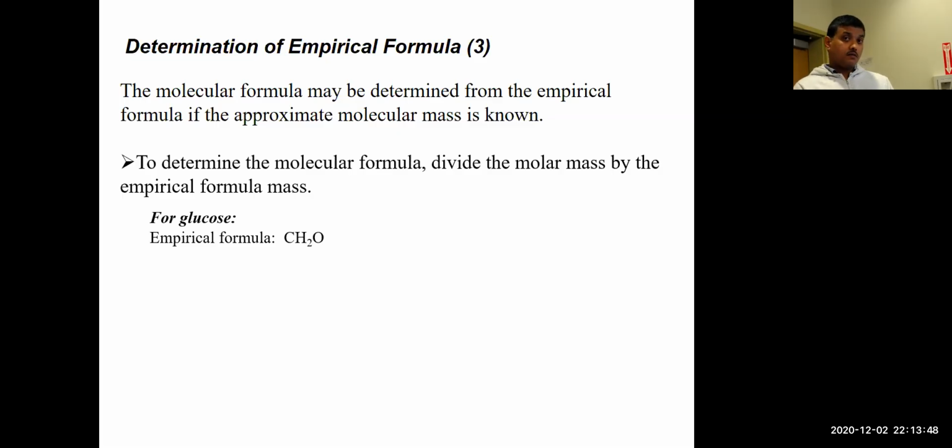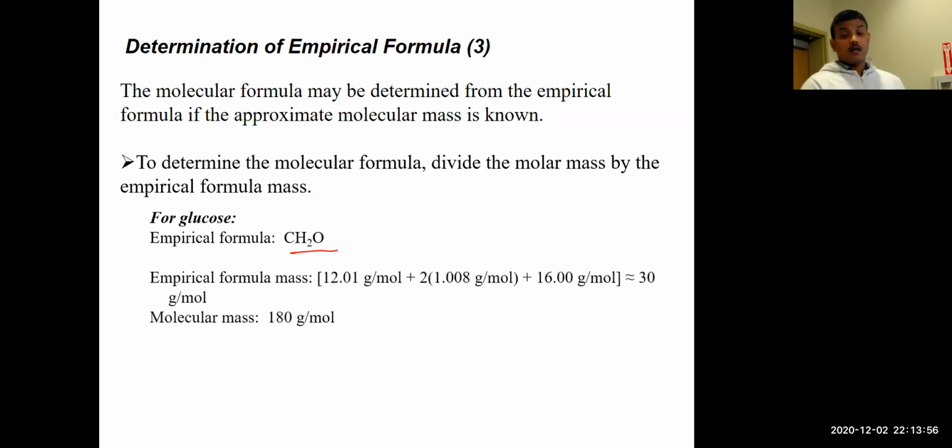What you can do to identify the molecular formula of glucose is take the empirical formula mass and the glucose molar mass, and see in what ratio they are present. So the empirical formula mass is 30 grams per mole, whereas the actual glucose molar mass is 180 grams per mole.